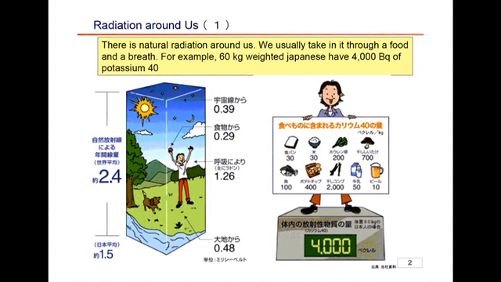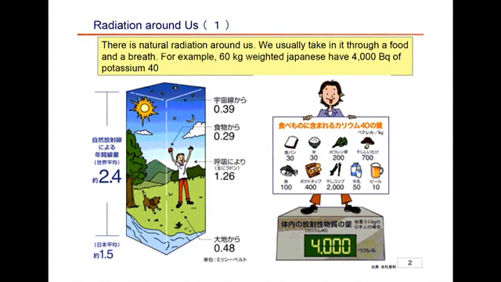We are exposed to radiation in such ways as through cosmic rays, foods, and from the ground. The radioactive materials are taken into our bodies via foods and respiration. For example, approximately 4,000 becquerels of potassium, a typical material which we intake, is absorbed by a Japanese body weighing 60 kilograms.